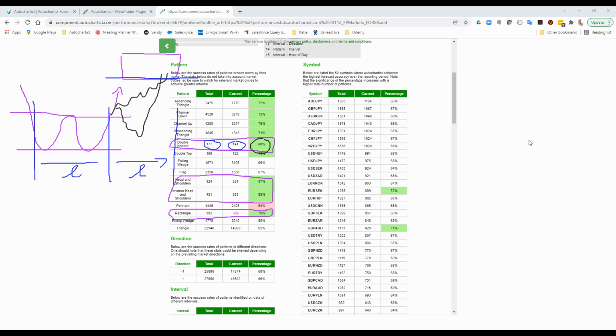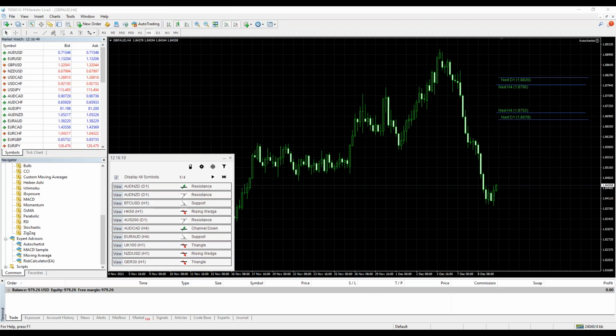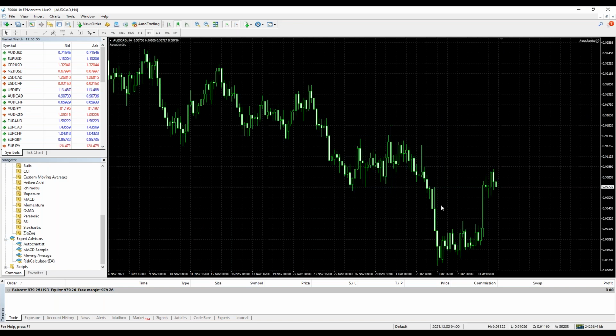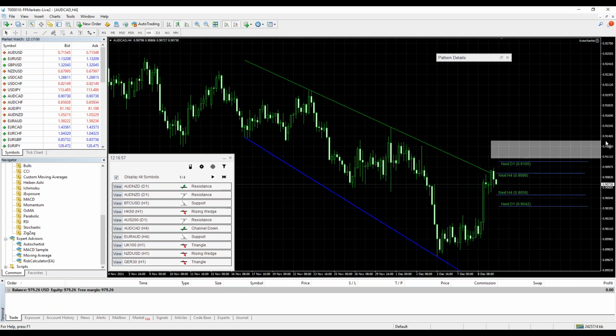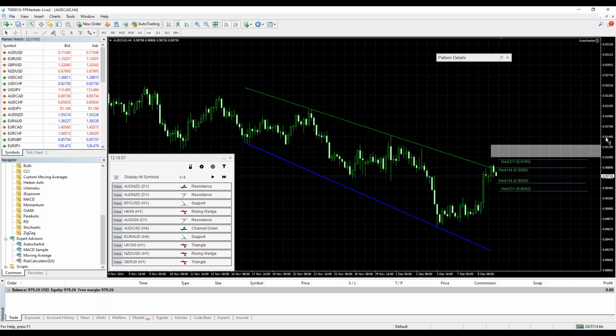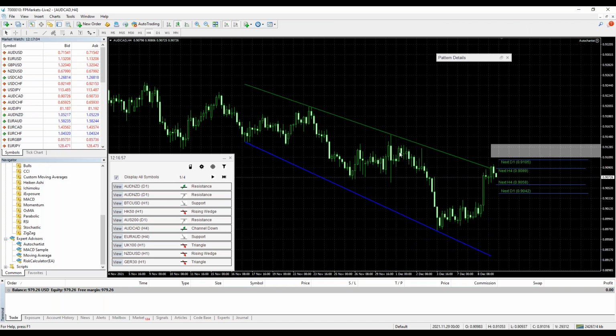Let me quickly show you what this looks like in Meta, and then we'll go back into the statistics. So here's a channel down on USDCAD. As you can see here, AutoCharters identified this channel down and provided a target region, right? So I can zoom in here for you.